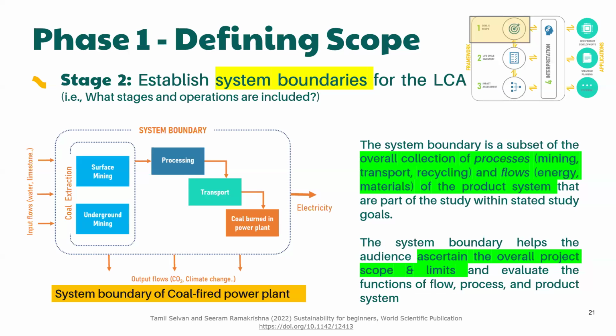It defines where exactly to set your system boundary within the context of your LCA, based upon the project scope. You can set cradle to gate, you can set cradle to grave, and once you have clearly set your boundary conditions, you can start inputting your elementary flows that we are going to discuss.